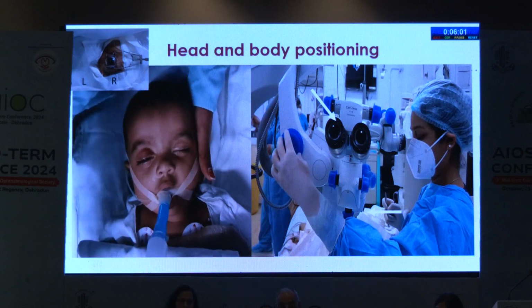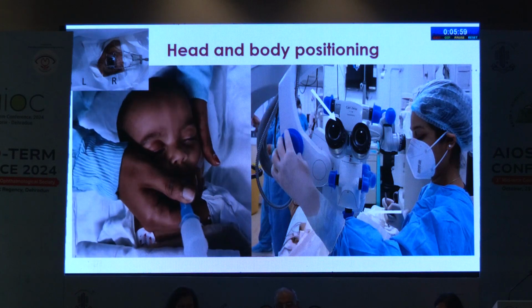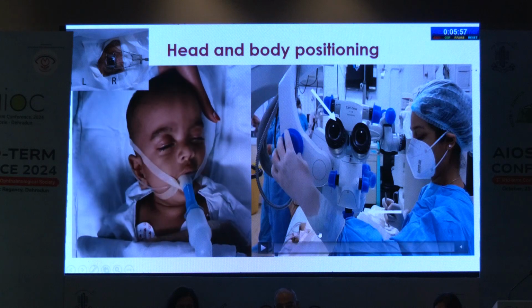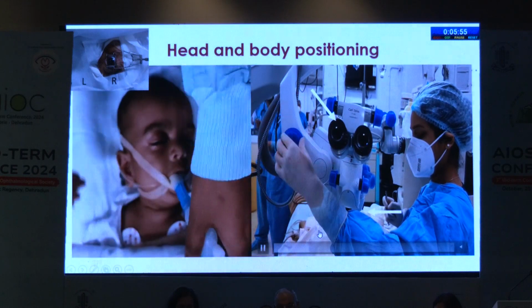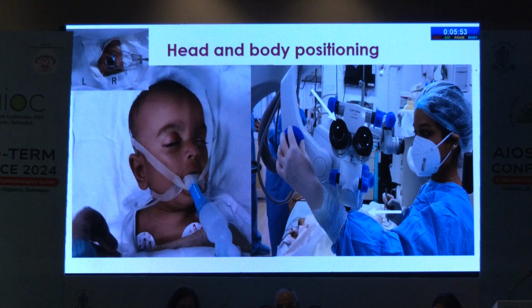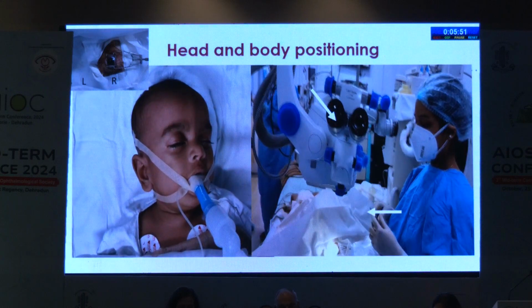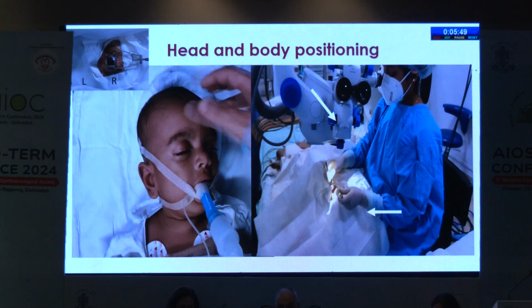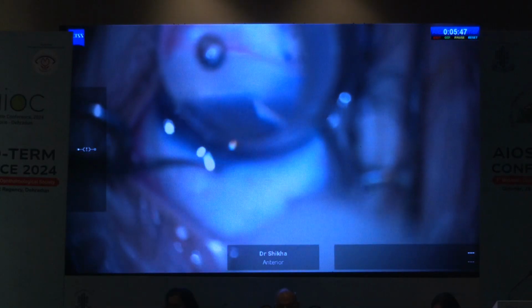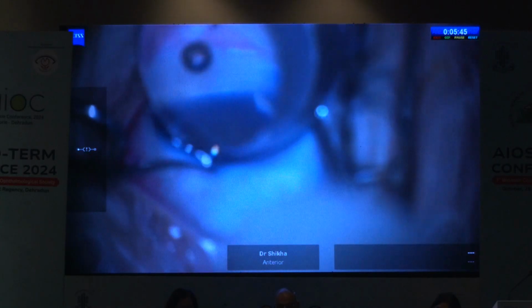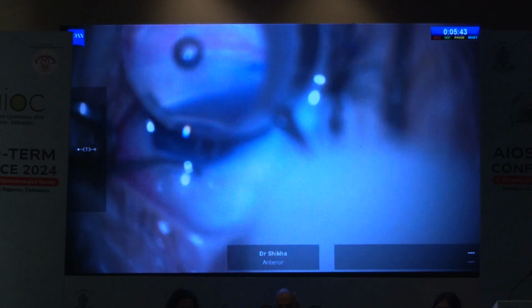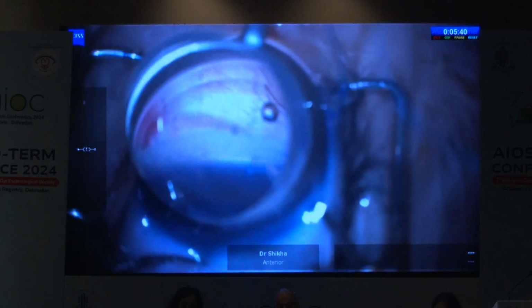When we do the surgery, it's important that we shift the patient's head so that the nasal angle can be maximally visualized, and tilt the microscope down around 30 degrees for better visualization. This surgery can also be performed in primary congenital glaucomas with hazy cornea once we are clear with the anatomy.